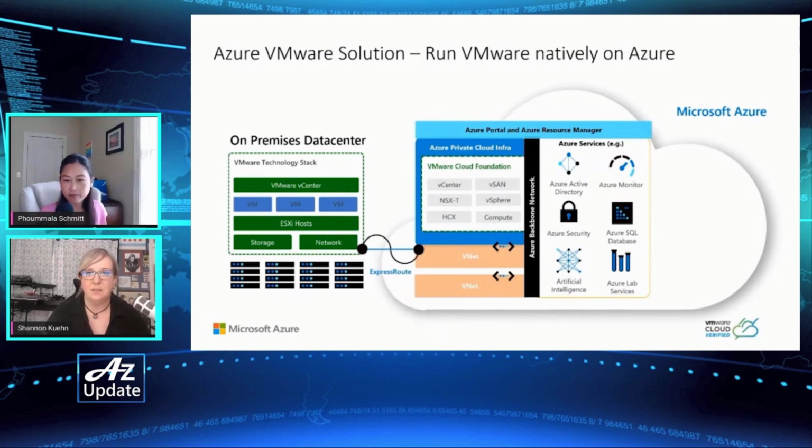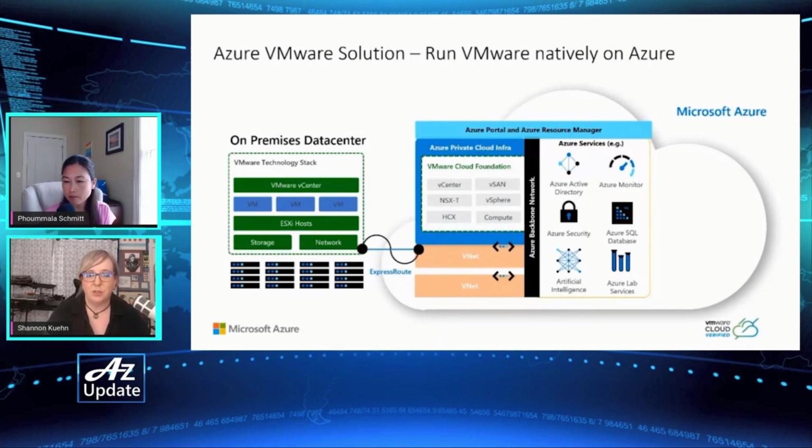We had listened to feedback from customers, and now everything's seamless, right? So if you're familiar with VMware on-prem, it's VMware in Azure. You're still accessing your environment the same way. Let's break this slide down a little bit so our viewers can see what are all the goodies here? Sure. So we've got the traditional VMware stack on-prem comprised of vCenter, ESXi, storage, network, right?